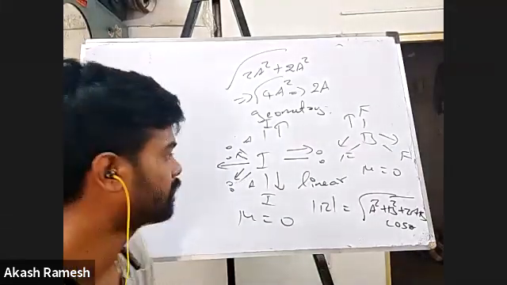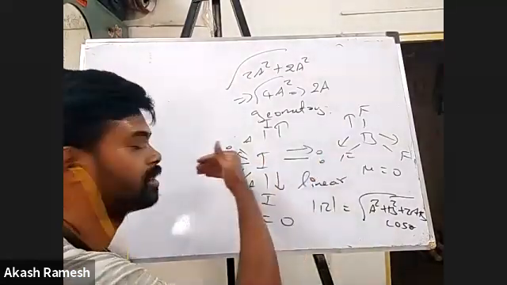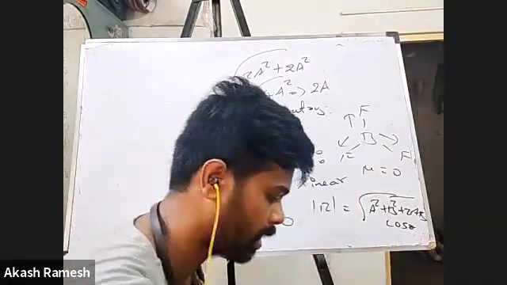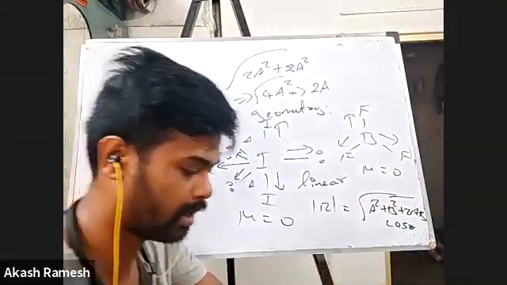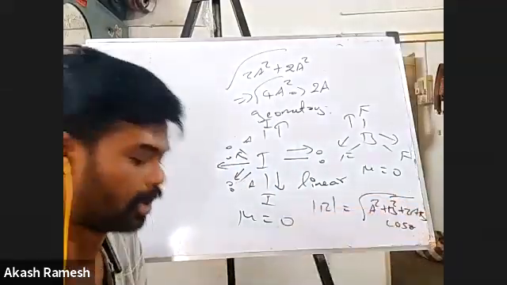Everything is symmetrical, so again I can say that the dipole moment is 0. You are saying that on this side only one is there, but actually, if you see, it's in the same plane. I don't know how to show you.